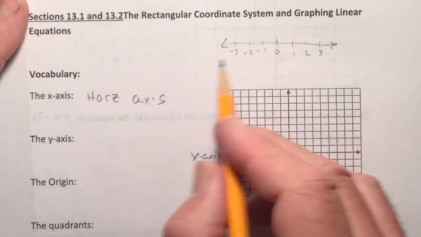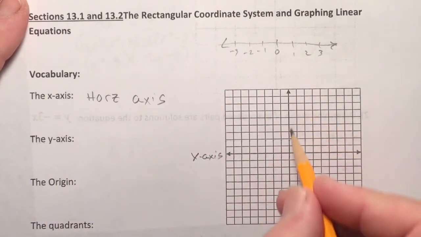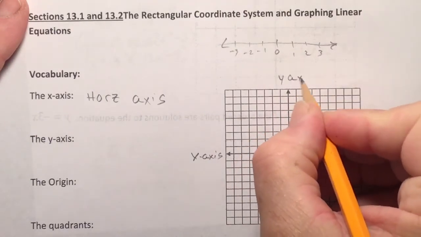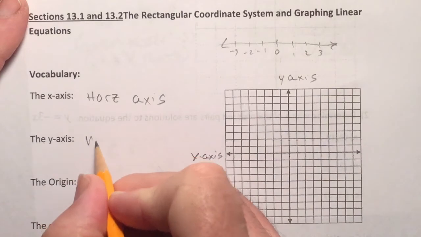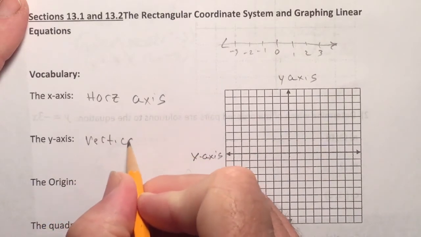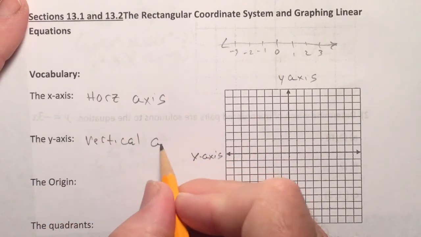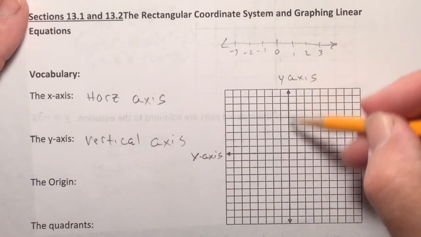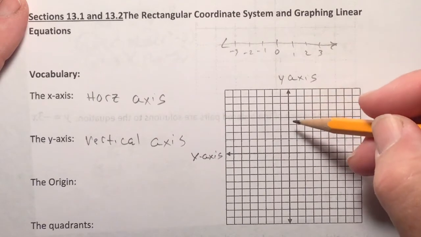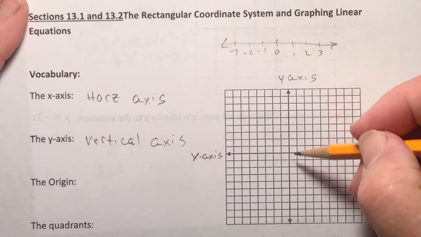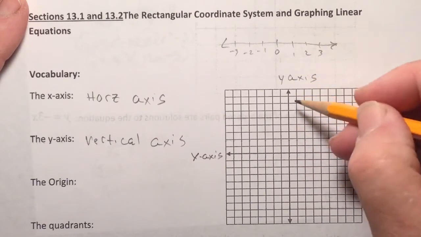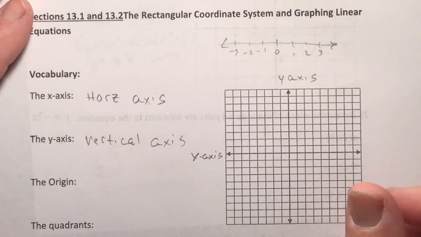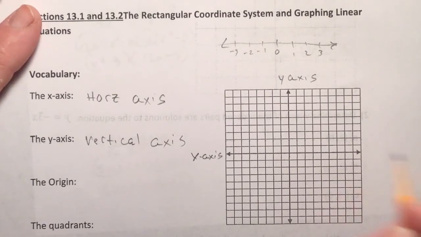And then you've got this vertical axis, and this is going to be your y-axis. This is your vertical. And again, it doesn't have to be called y. If you were talking about economics, this would be like your supply axis. This vertical axis would be called supply. This would be demand.